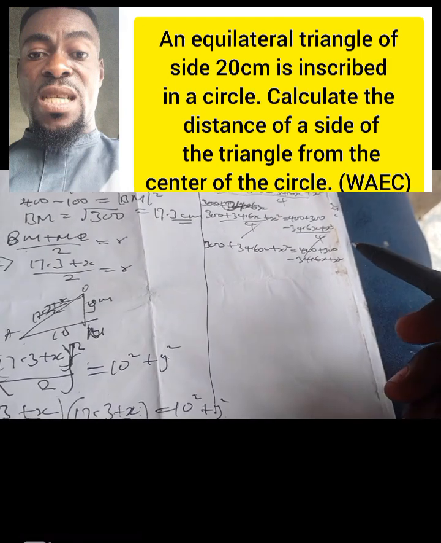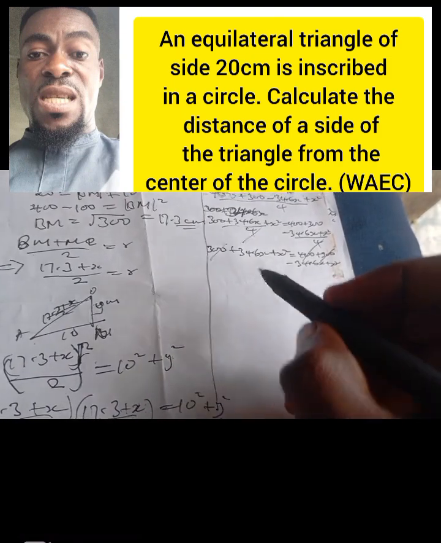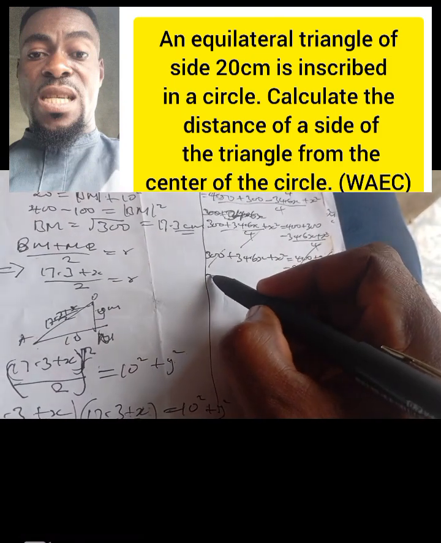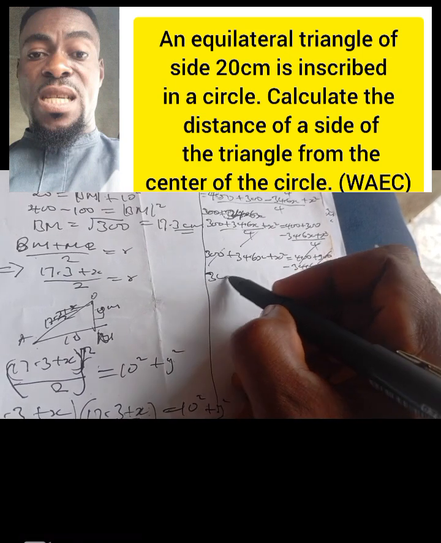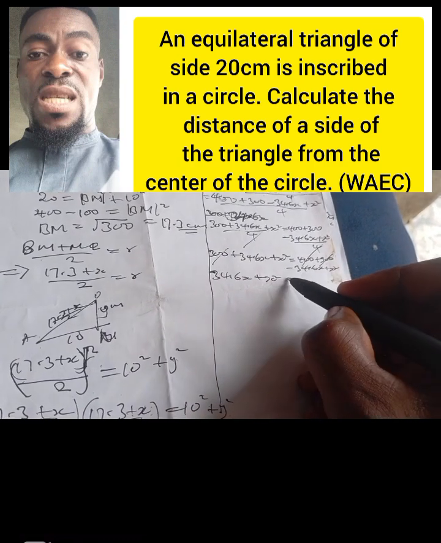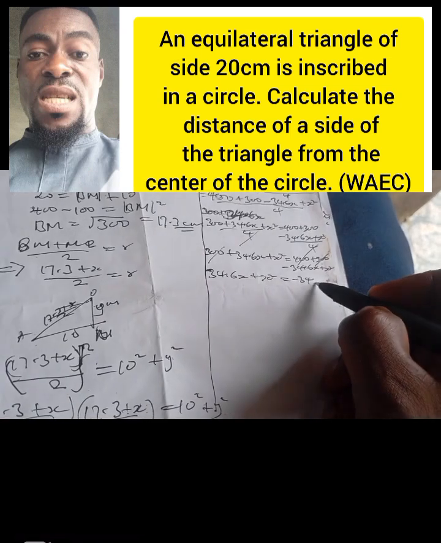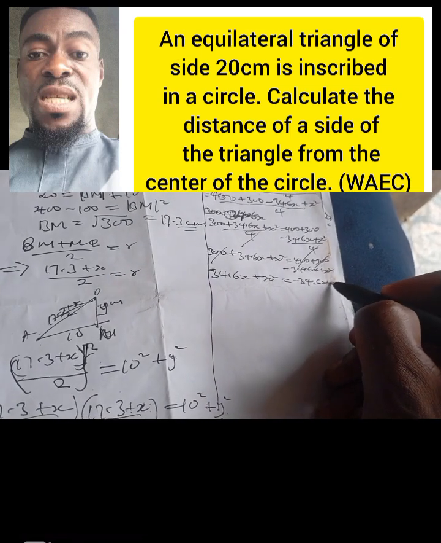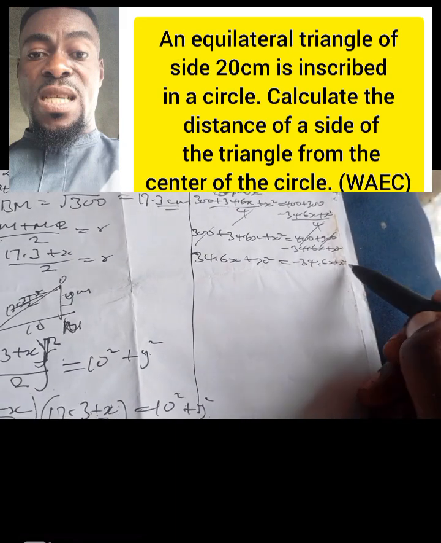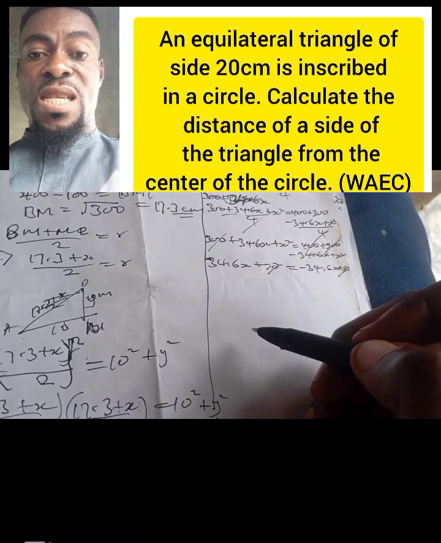Now collecting like terms, we cancel 300 and 300, and we have on the left hand side 34.6x plus x squared is equal to minus 34.6x plus x squared. Again, we cancel this x squared.